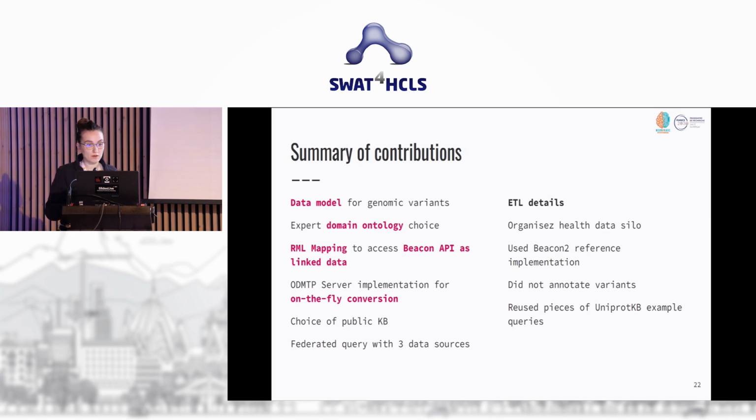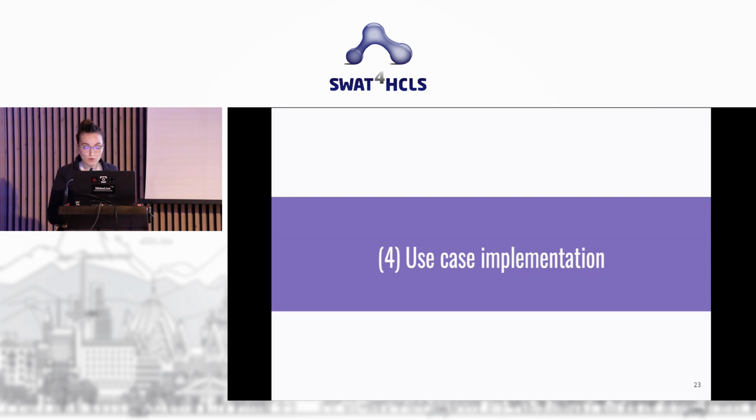We were quite happy to be able to annotate genomic variants with gene ontology terms without any kind of data copying. We also did the actual implementation of our use case.